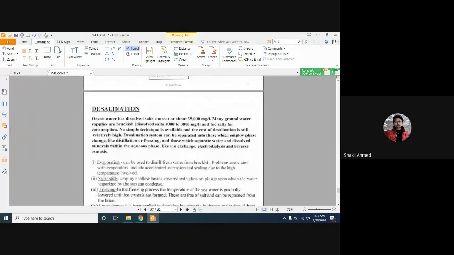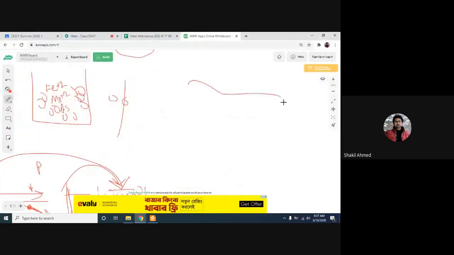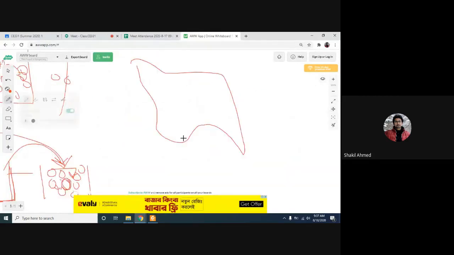Now desalination, this is also a big problem in Bangladesh, especially in the southern area of Bangladesh. If you have the map like this, Bangladesh, you have the Bay of Bengal here, right? You have ocean here, and ocean water is salty. Now, if you have rivers in this zone, ocean water can intrude into the coastal fresh water.